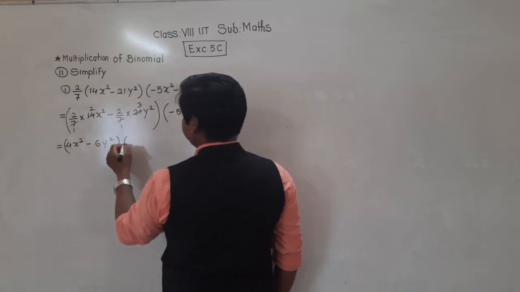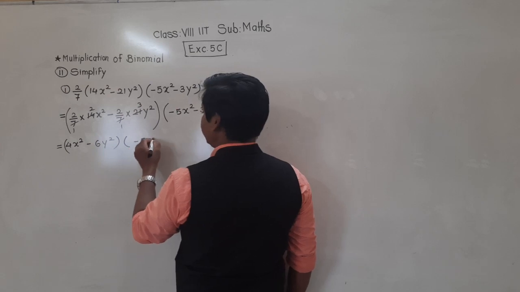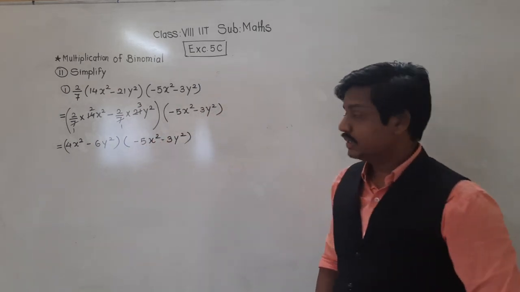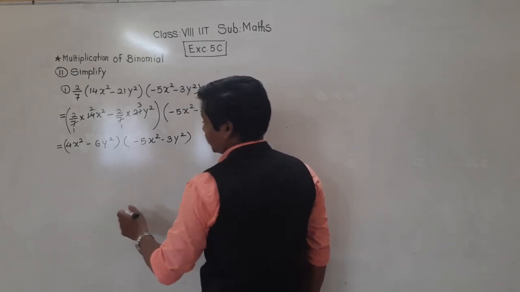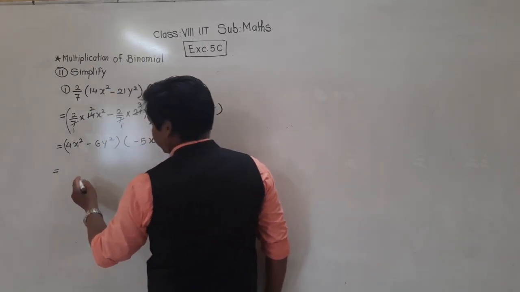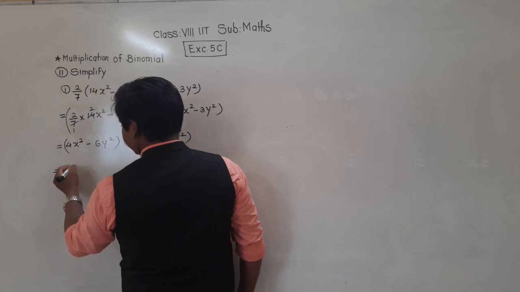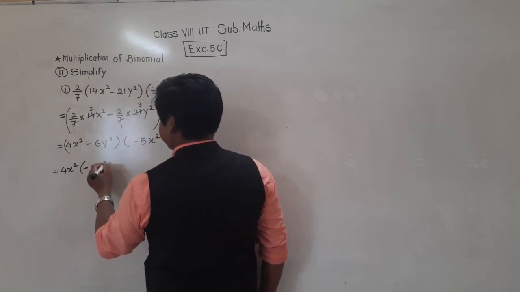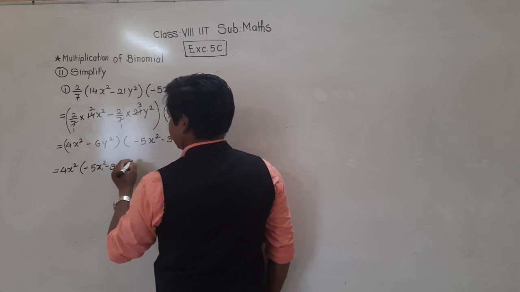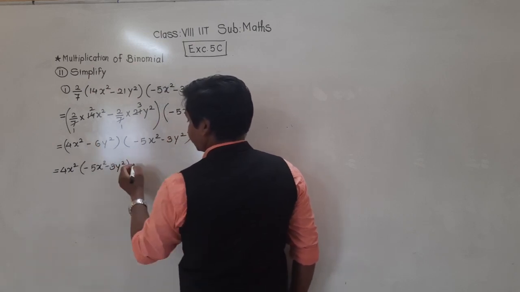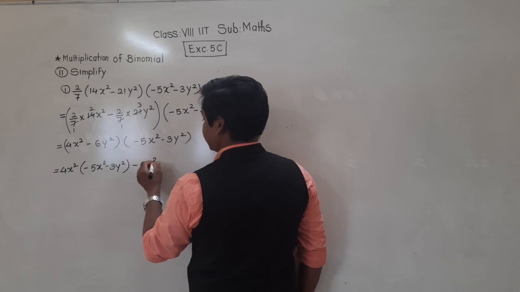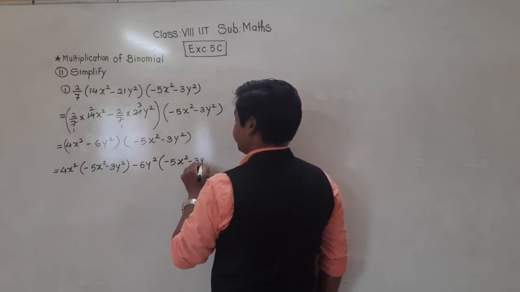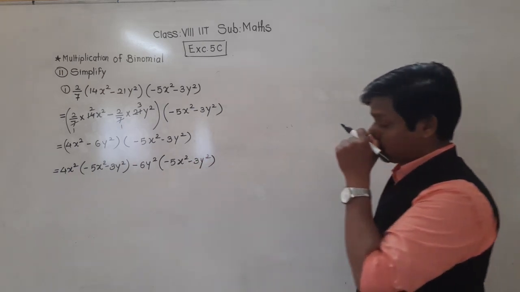Okay, multiplied by minus 5x square minus 3y square. Okay, now these two binomials we have to multiply, and you know how to multiply that. First term of the first bracket multiply by the second bracket. Then take the second term, minus 6y square, multiply by the second bracket. Understood?